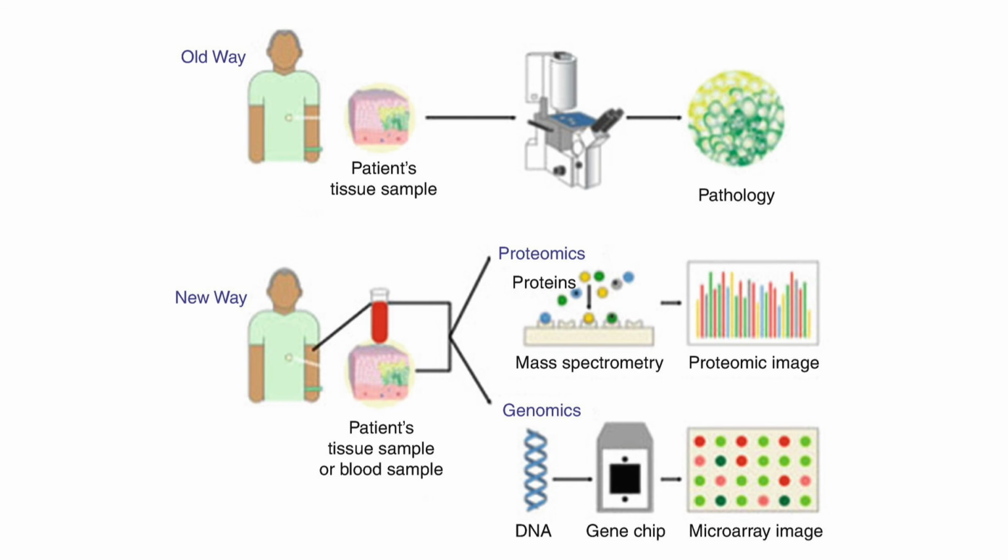Some other methods are also hybridization methods or genetic molecular methods, which can be used in the cancer diagnostic process. In hematology, fluorescent in situ hybridization is frequently used, as well as flow cytometry.